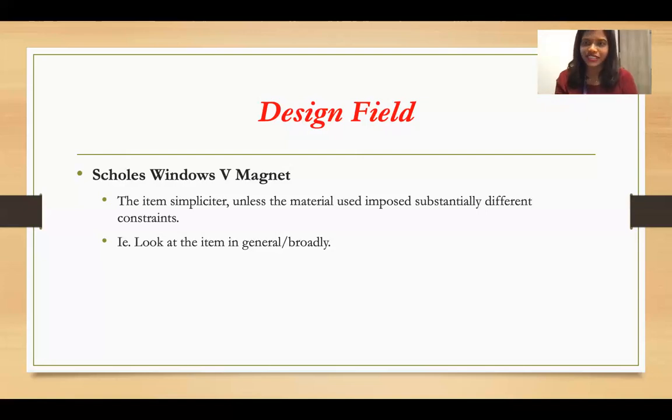They take a range of designers and ask them, have you seen any such familiar designs? Have you seen anything familiar? If they have not, then most likely you can establish design field. In the Scholes case as well, they have defined that this is a very general or broad approach.